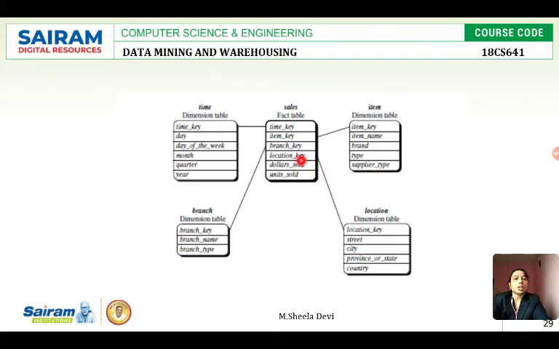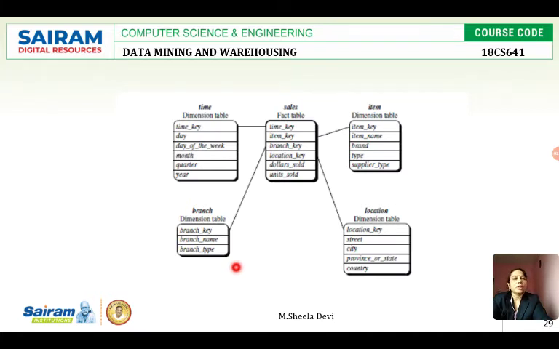If you take location key, for that we have a separate dimension table with its own dimensions, that is location key, street, city, province or state, country. So if you take branch key, it has its own dimension table with its own dimensions, and similarly we have time key which has its own dimensions in its own dimension table. Since it looks like a star, we are naming it as star schema.